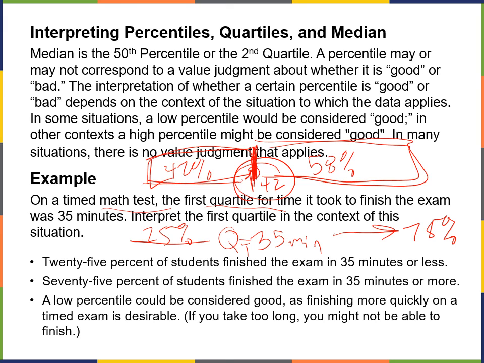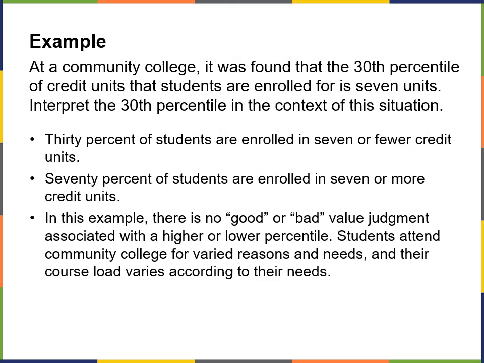If I expected them to finish in 2 hours and 25% were finishing in 35 minutes, maybe that would be good. I don't know. You can't necessarily take a good or bad stance on some of this. It's just giving you information.